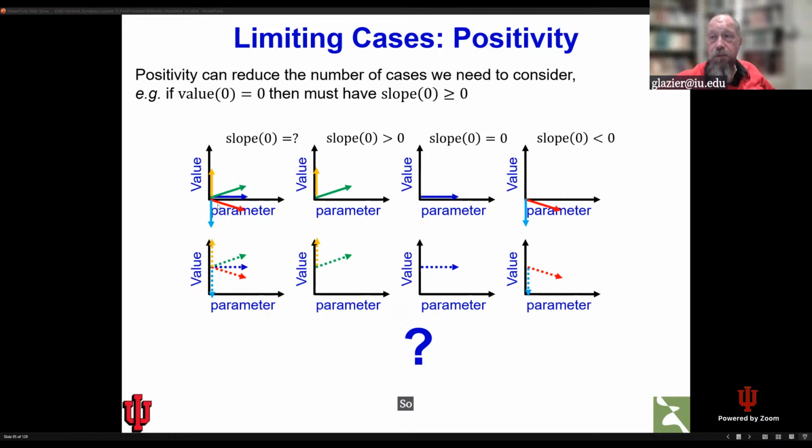So, for example, if we know that at time 0, our parameter value is 0, our argument is 0, then the dependence on the parameter or the time has to either be positive or 0, because we're not allowed to go negative. So we're able to rule out cases where we would immediately have a negative value.